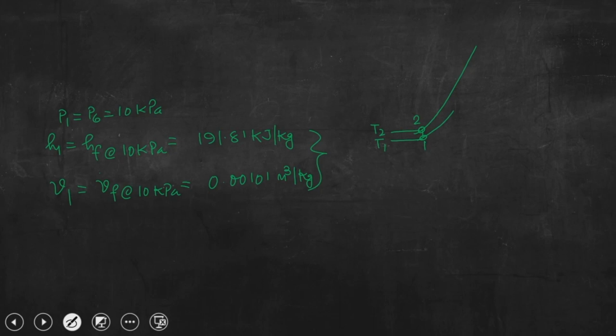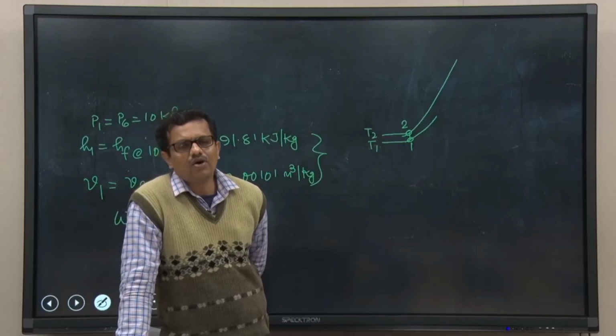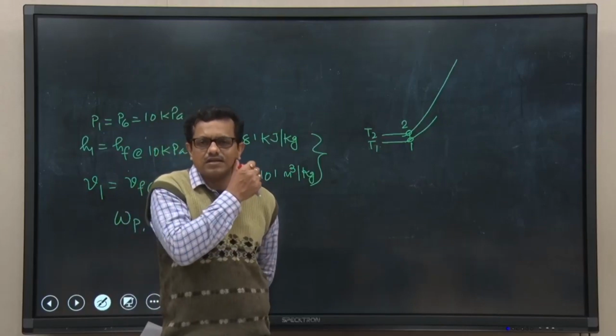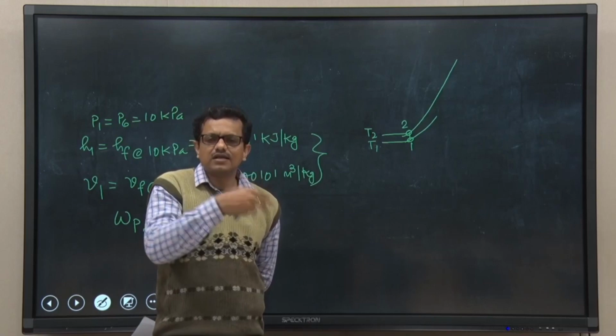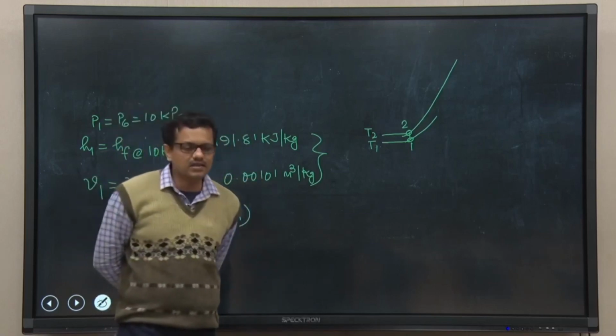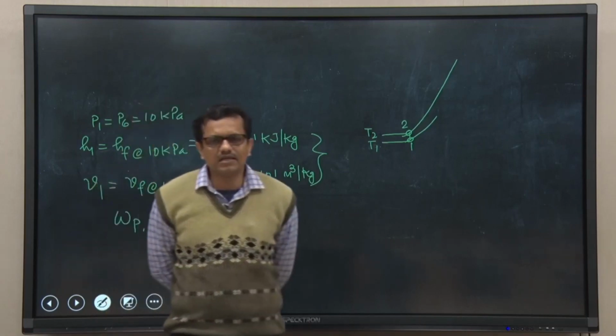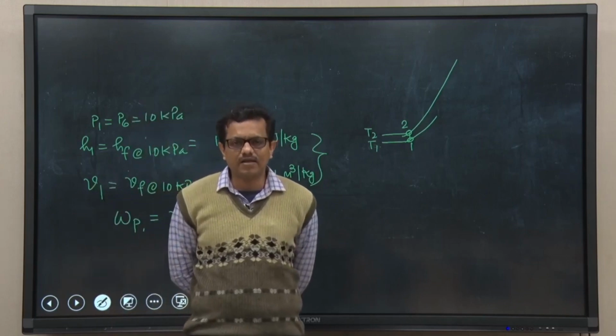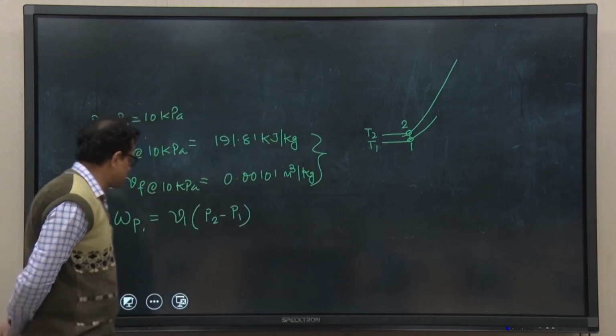So, basically we can calculate the pump work, that is equal to V1 into (P2 minus P1). So, this is VdP, it is not PdV. Let me discuss again: whether the process is reversible adiabatic or reversible isothermal, so long as the process is a steady state steady flow process, irrespective of the process, the work done expression is minus VdP, that we have discussed.